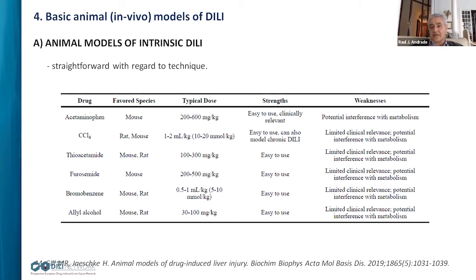Can this drug have intrinsic hepatotoxic potential when used at a very high dose, or is it a species-dependent idiosyncratic response? Maybe that's the reason why they use it in the animal model. They put it here on the list of potential drugs to induce this intrinsic DILI.